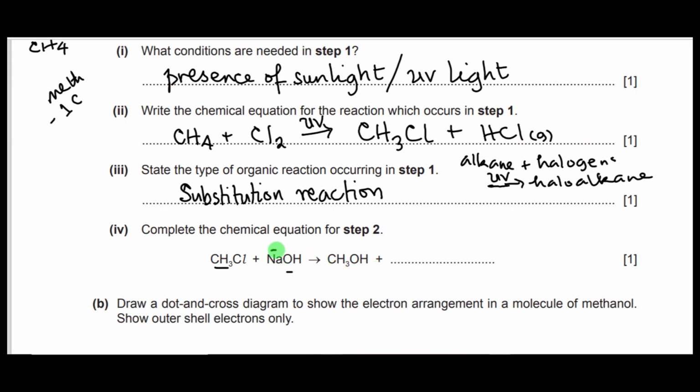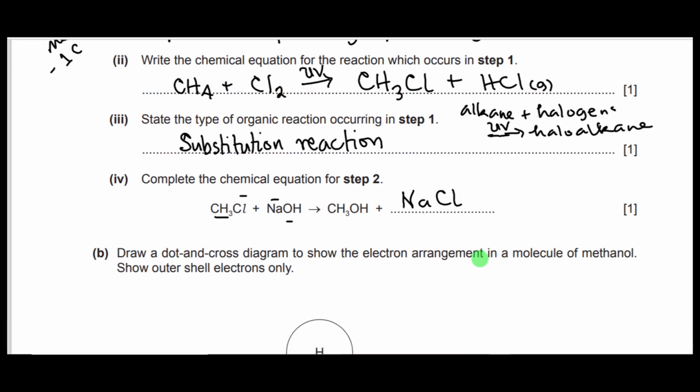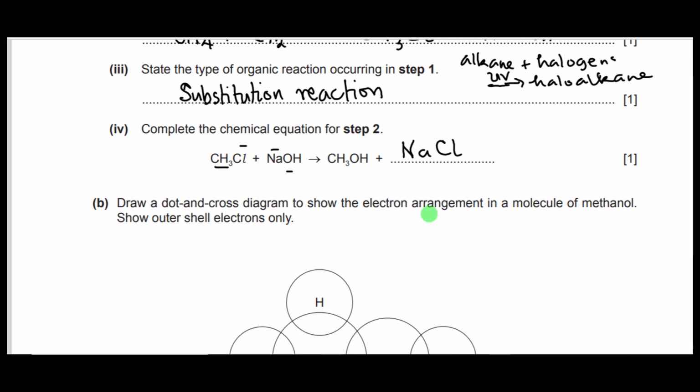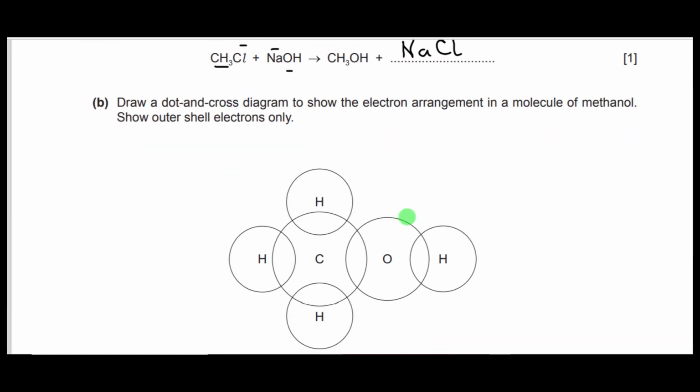Well, it means that the sodium ion here will combine with the chloride ion here to form NaCl, sodium chloride. Is it balanced? Yes, it's balanced. Now draw a cross and dot diagram to show the electron arrangement in a molecule of methanol.